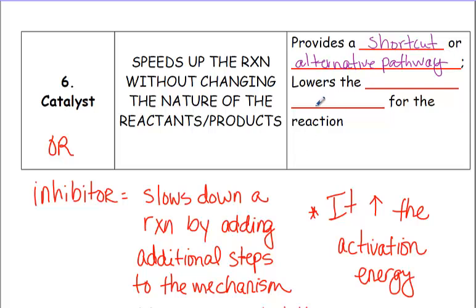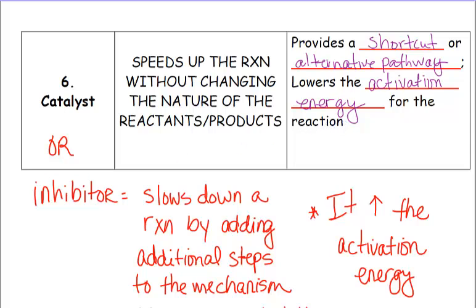And it lowers the activation energy for the reaction. So this is the amount of energy needed to get the reaction to go. So if you're lowering the activation energy, it's just going to speed it up. Okay, less energy, it gets to that activation point much sooner.